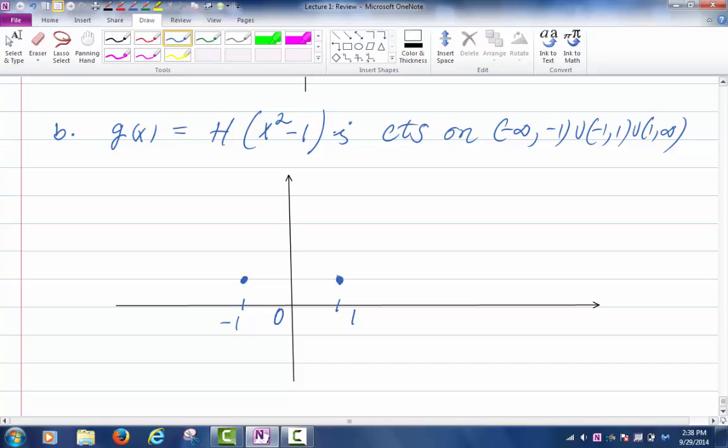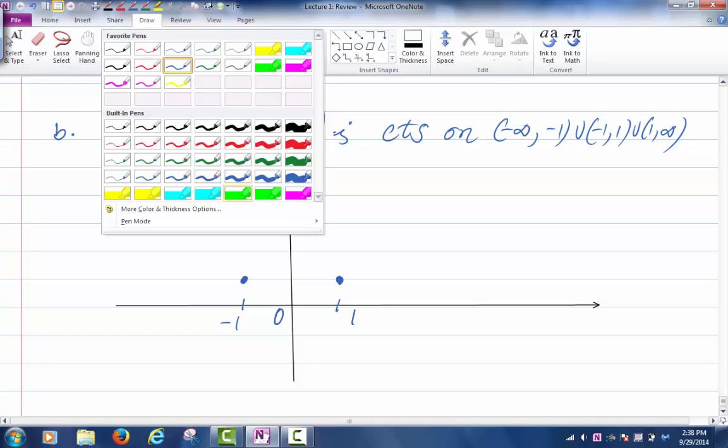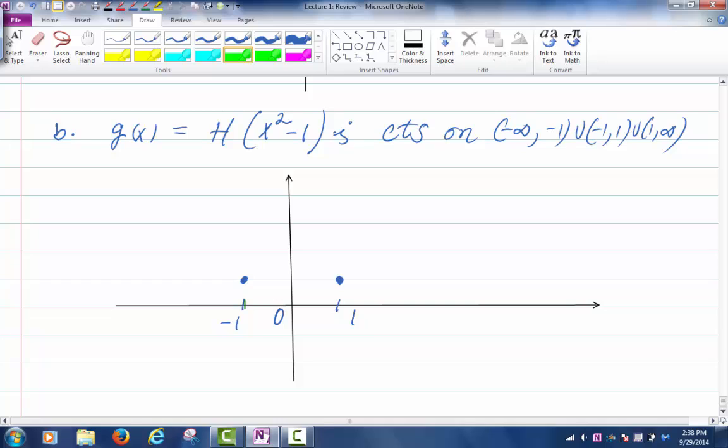0. So for any of these values, I know that the graph is in between. And I should be careful, I have a hole right here, right? So the graph so far is that. Now, outside of -1 and 1, when x is either bigger than 1 or less than -1, what's the value of x squared minus 1? Positive? Everybody's okay?